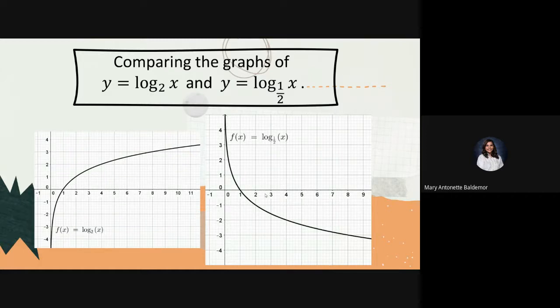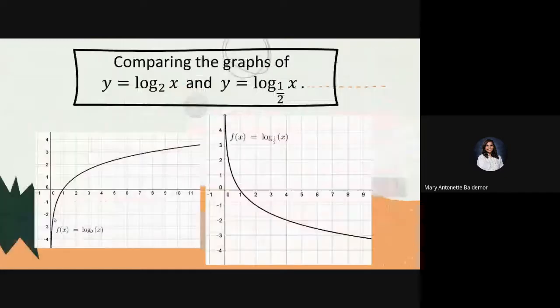But the other descriptions are the same because both have an x-intercept of 1 and both are asymptotic to the y-axis, or x is equal to 0.